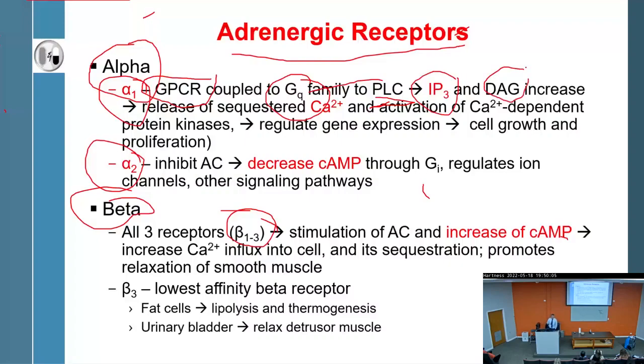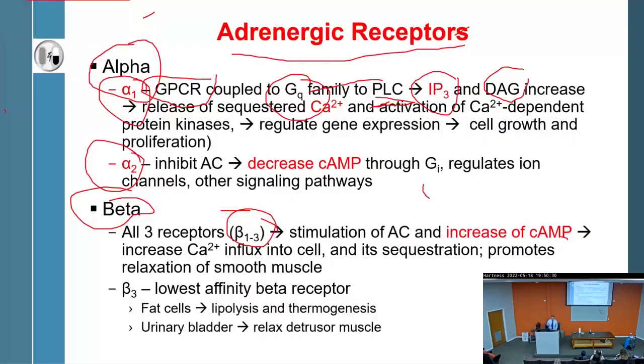Well, it's able to increase calcium intracellularly, and then that will trigger a bunch of other effects, activating kinases, etc. And then that will be the trigger of the cellular effect produced by the activation of the alpha 1.